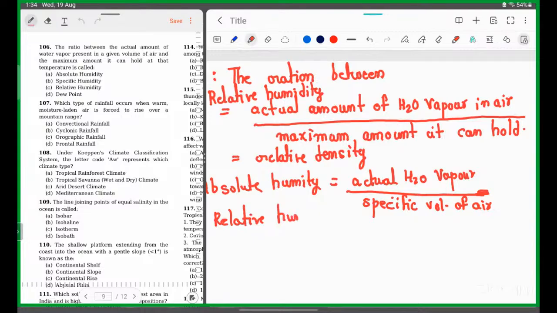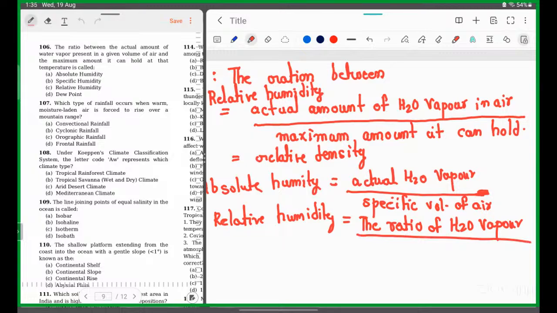Relative humidity is equal to the ratio of H2O vapor to the maximum amount air volume can hold.